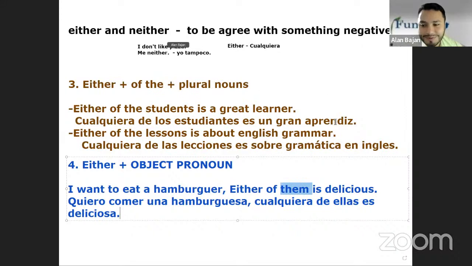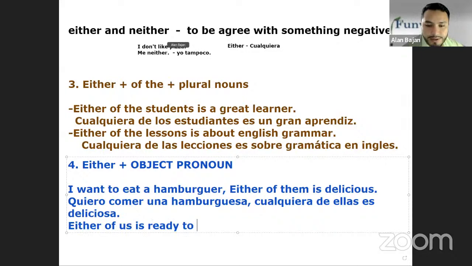Hamburger is the thing that I want to eat. Either of us is ready for the test.